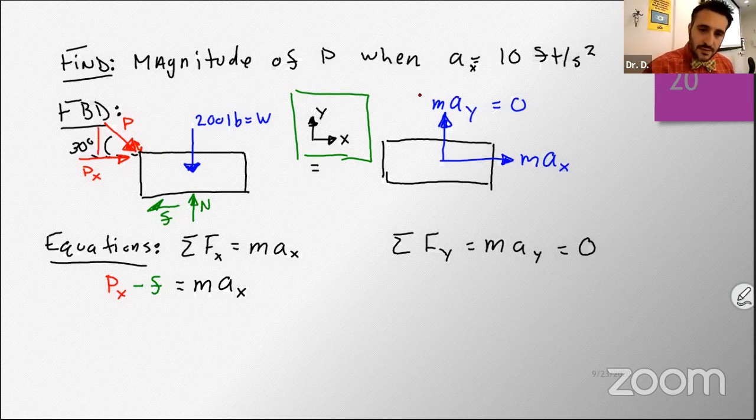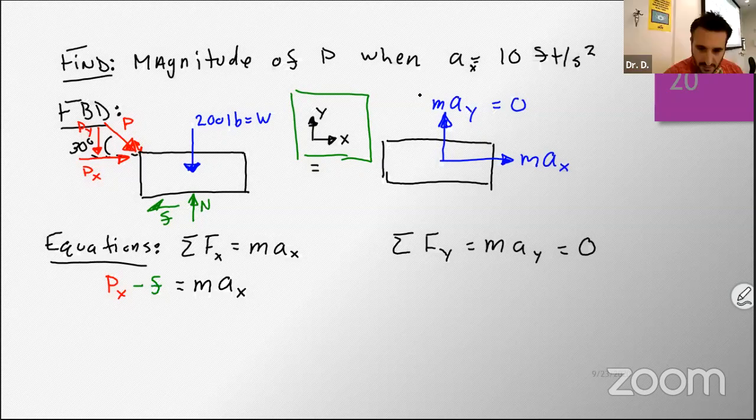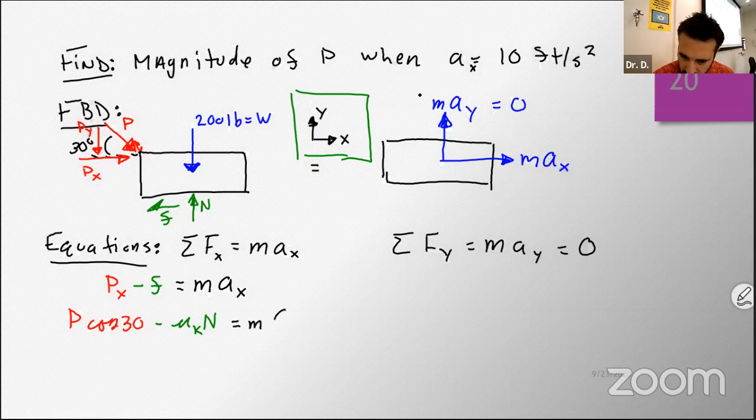Cosine, exactly. So we're left with P cosine of 30. We talked about this earlier. Minus mu sub k times N, and that whole thing is equal to my mass times my acceleration in the x direction.